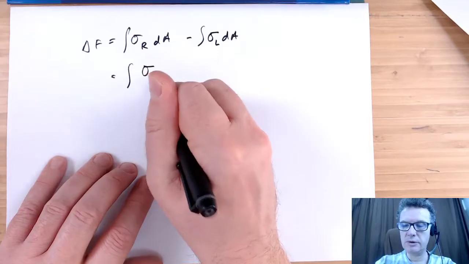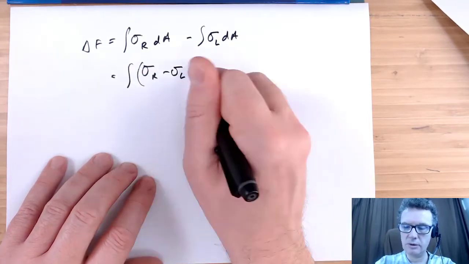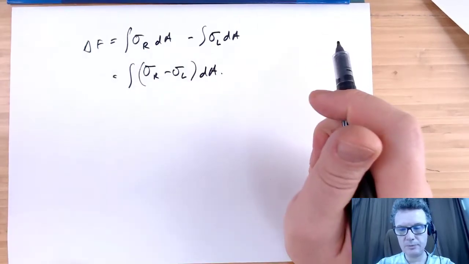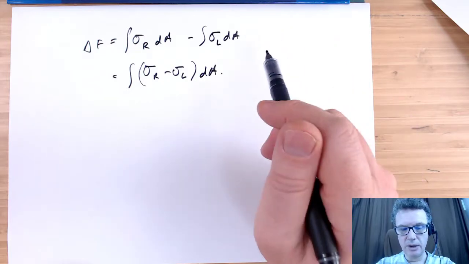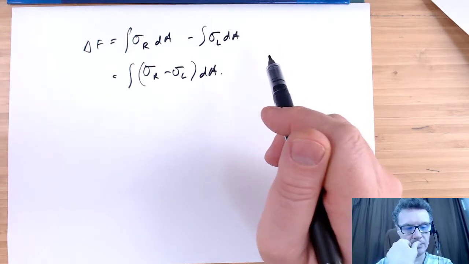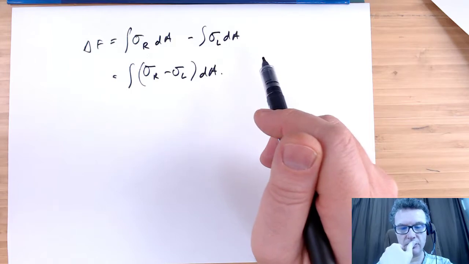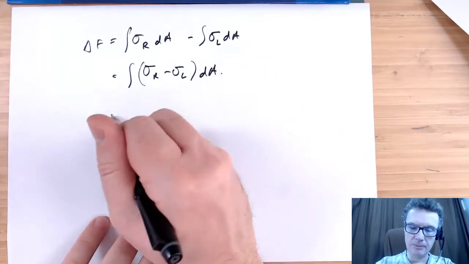So we've got the force right, take away force left, integrated over area. The I is going to stay the same. The y will be common for both of them, but there'll be a change in M.